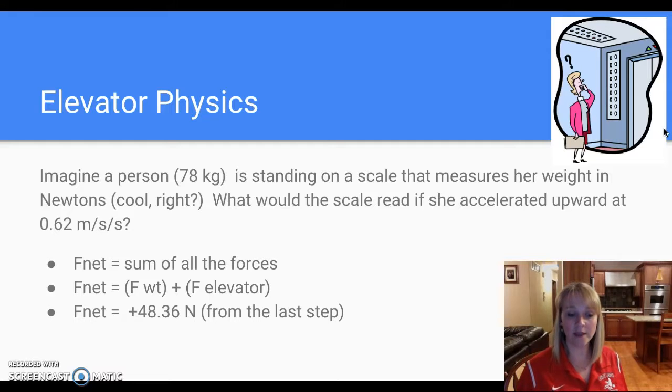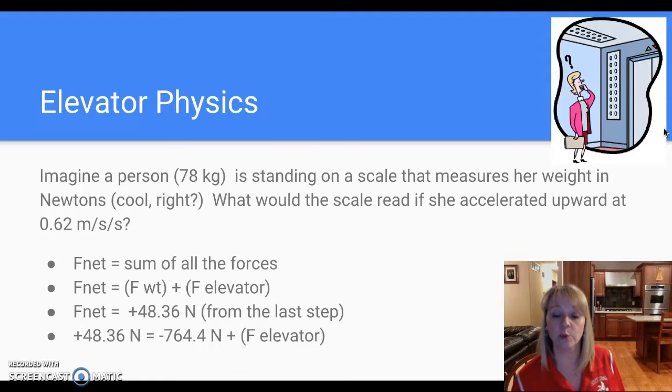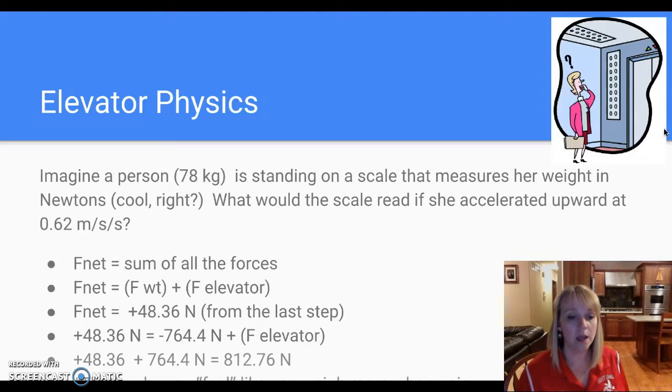We know the F net from the last step was 48.36 newtons acting upward. So 48.36 newtons equals my weight, negative 764.4 newtons acting downward, plus the elevator. When I solve for that, you get 812.76 newtons pushing back up on you.